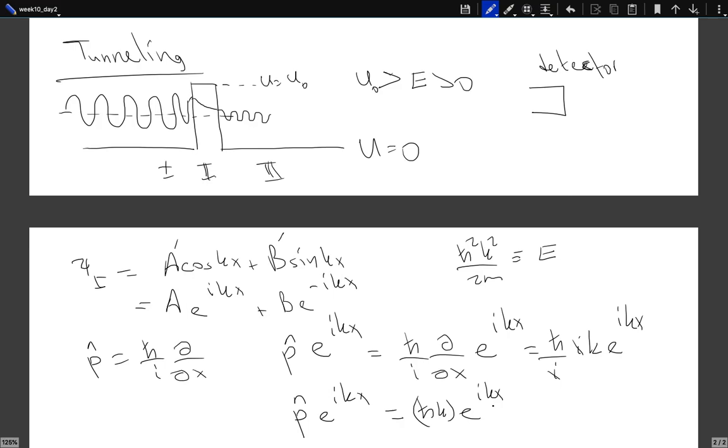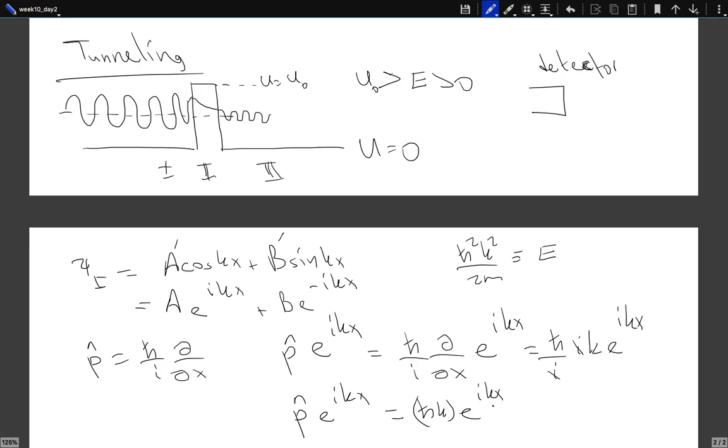So the particle described by this wave is just moving in that direction. And then there is another wave. What is the momentum of this wave? Minus h bar times k. So this wave describes a particle which is moving in that direction. Well, that is kind of expected.